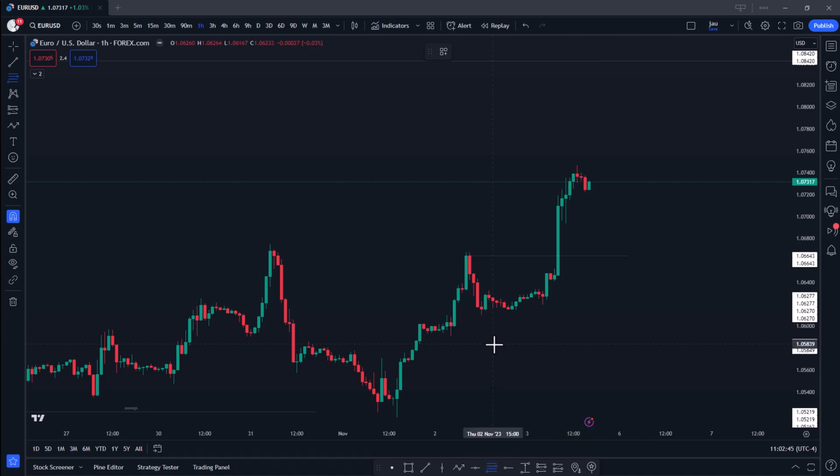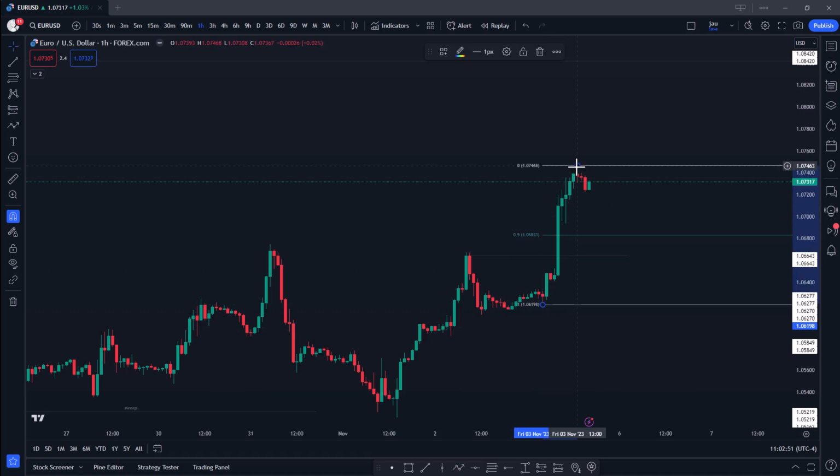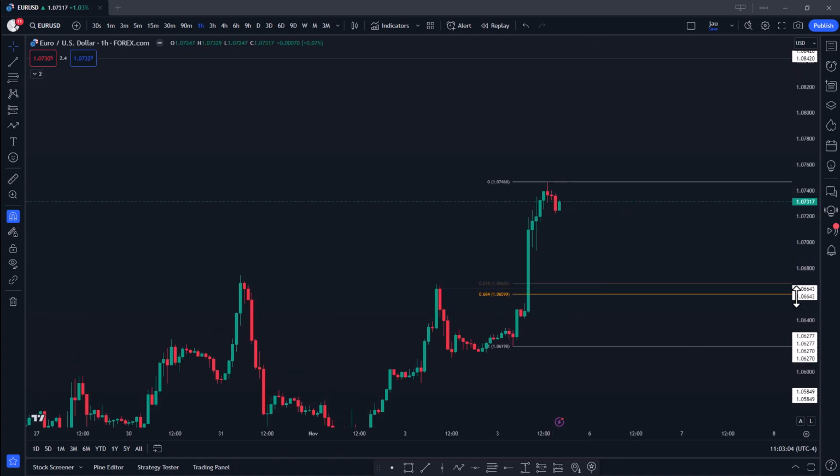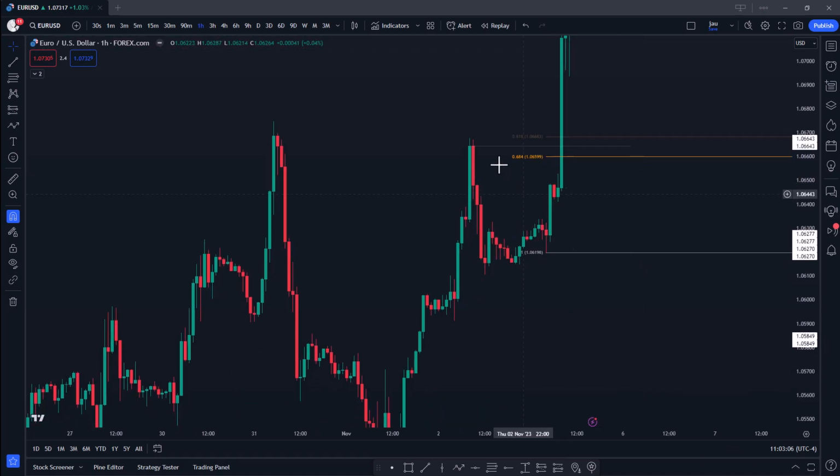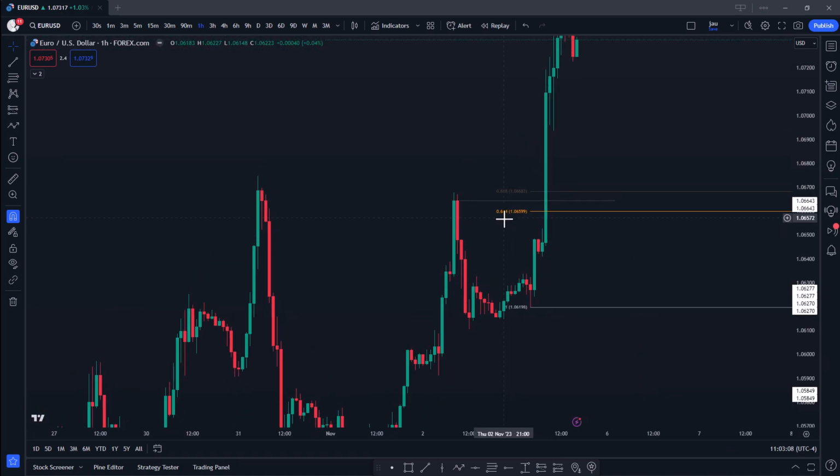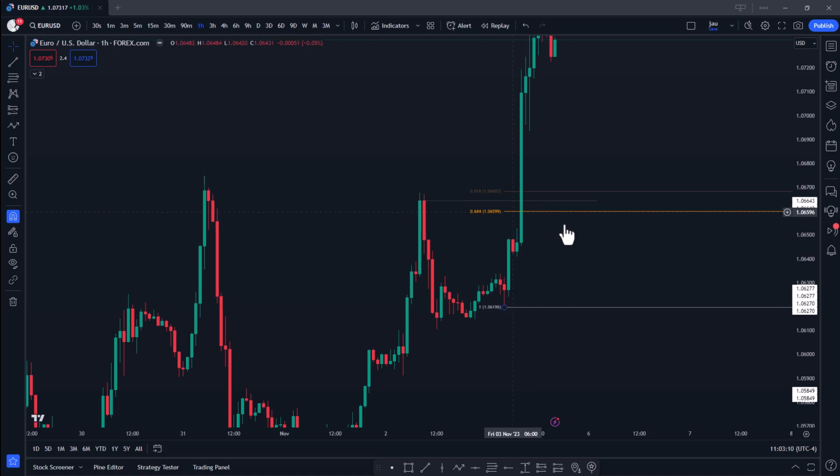Another reason you could use to enter is to measure from the low of the day on Friday to the high of the day. Anything below the 50% is a discount for you to take the euro to the upside. Of course, if you want to use the OTE model, ICT OTE model, you can see the 61.8 and 68.4 levels are here, the golden zone.